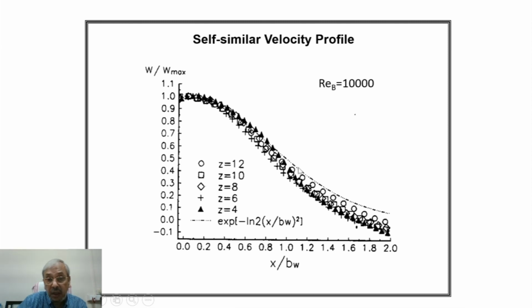You can see all the lines have collapsed on a single curve, and this is a very carefully done experiment by one group, Namar and Otugen, and this is the result.